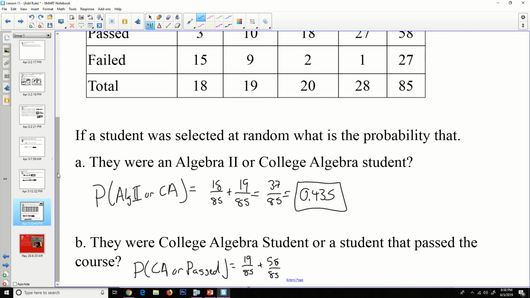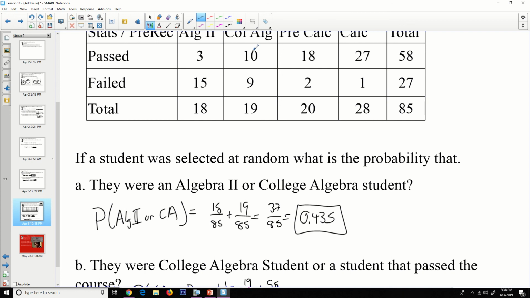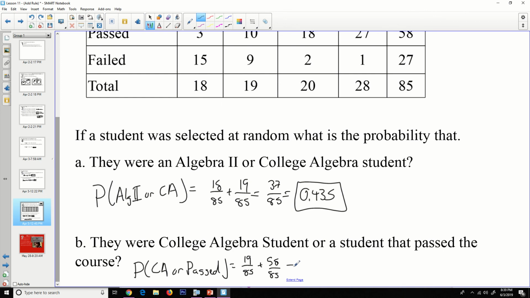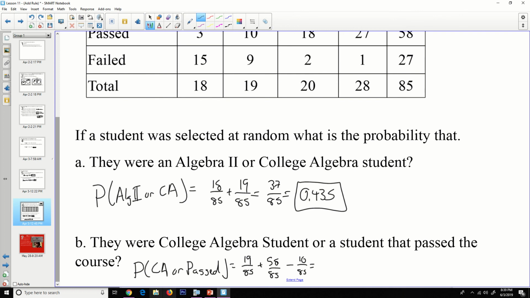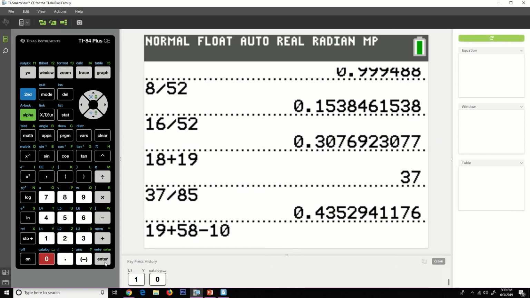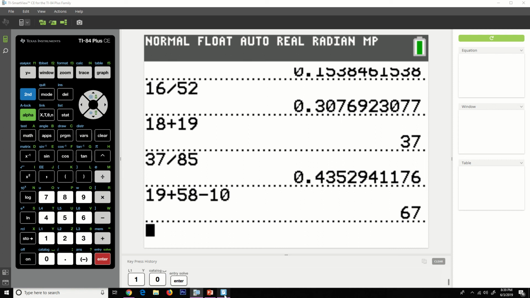But again, we've counted these 10 college algebra students twice, once in the 19 and once in the passed column. So we have to subtract away the college algebra students that passed, so minus 10 out of 85. 19 plus 58 minus 10 gives me 67.